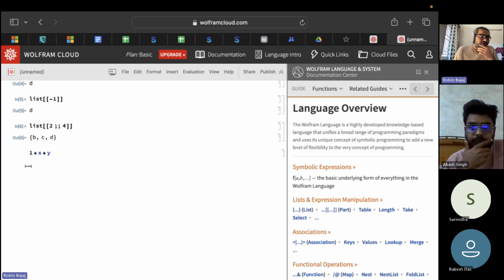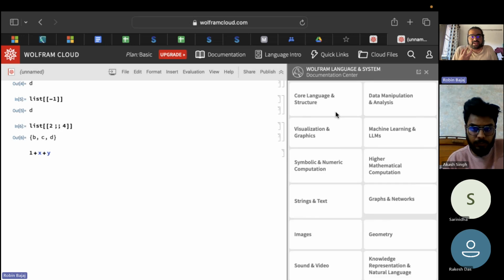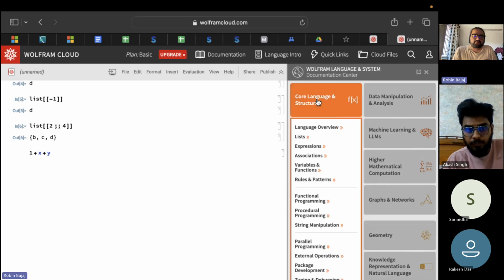So can you think of how 1 plus x plus y would have a structure in the form of this? Just take a guess and then I will show how this has this kind of form. How can it have a structure of f of a comma b comma c? Any guess?